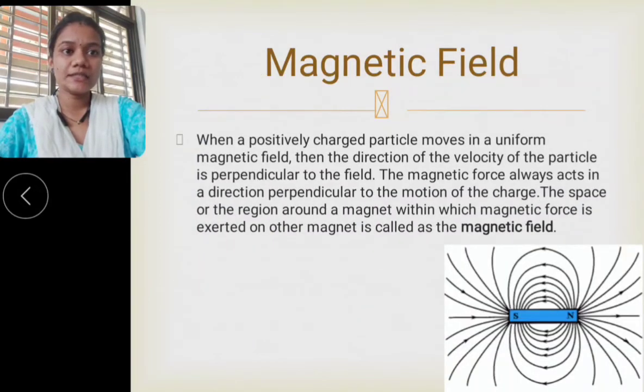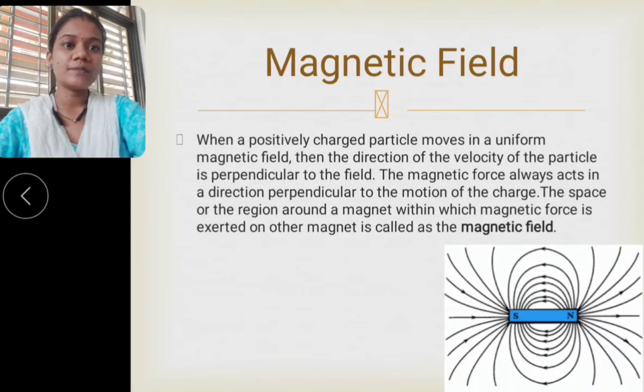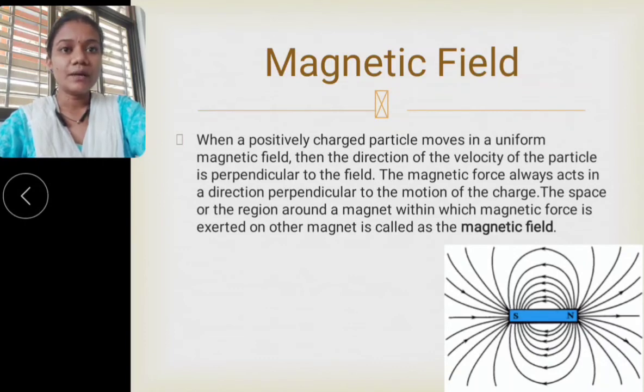This is the image of a magnetic field, with the magnet's north and south poles, and the region where charged particles move. When positively charged particles move in a uniform magnetic field, the velocity of the particle is perpendicular to the field. The magnetic force always acts in a direction perpendicular to the motion of the charges.